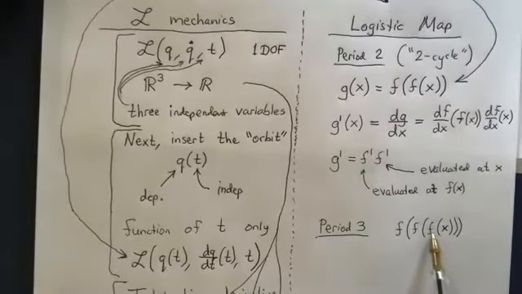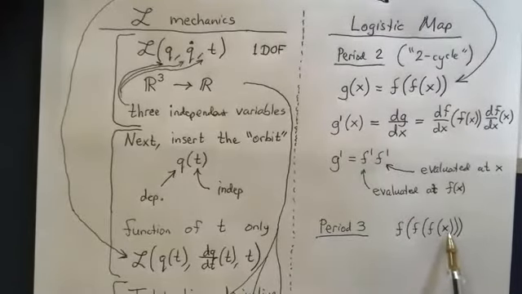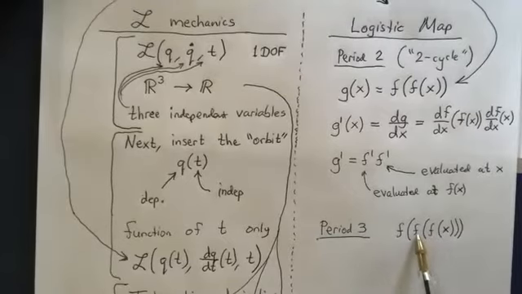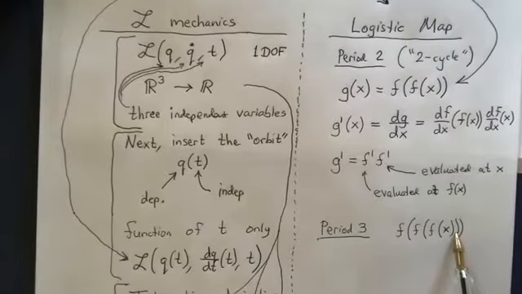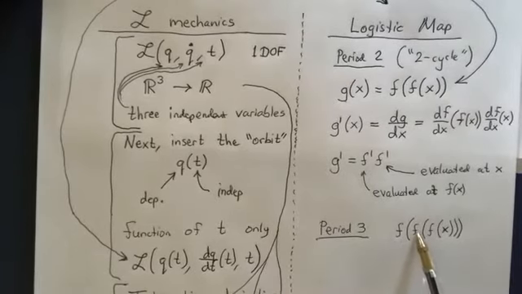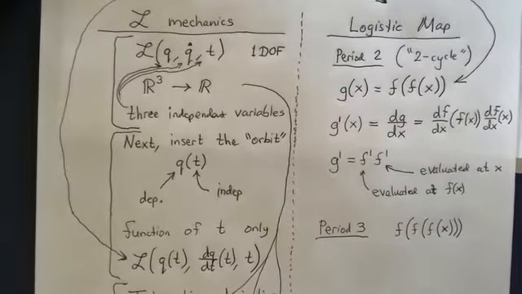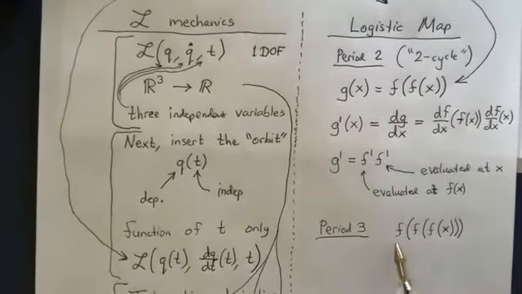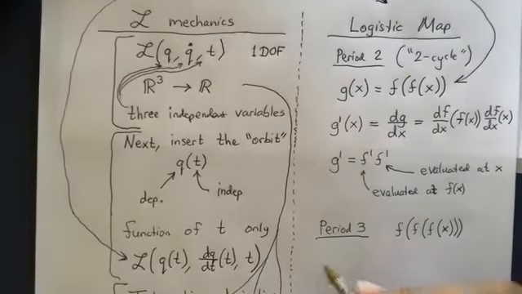We apply the function f, so f of x, you see there's one layer of parentheses there. This produces a value. That value is inserted to f because this f, together with this parenthesis and this middle parenthesis over here, that's our second application of the function f. And then that return value is once again inserted into the function f. So this is functional composition on a grand scale. A useful exercise here is to appreciate this produces an 8th order polynomial.